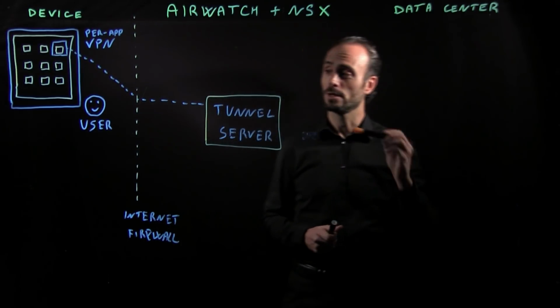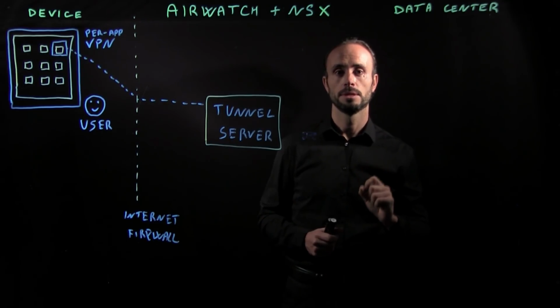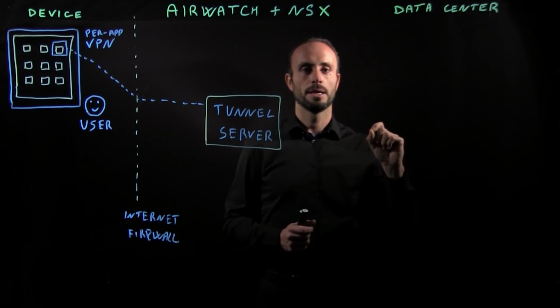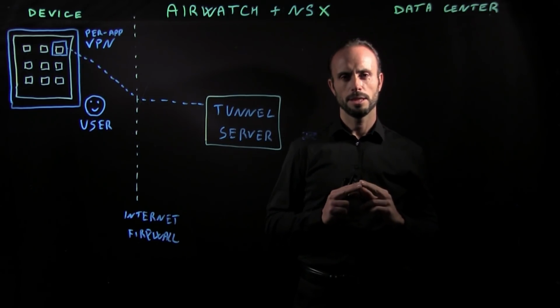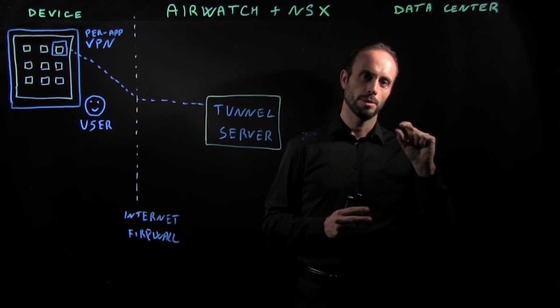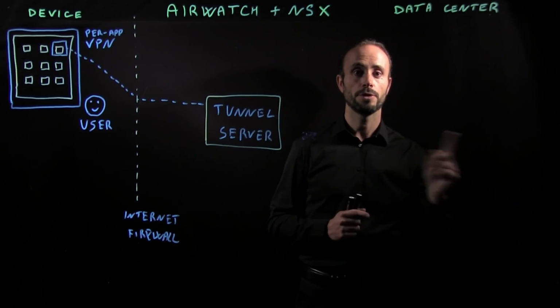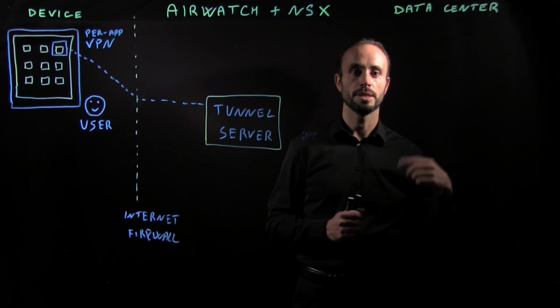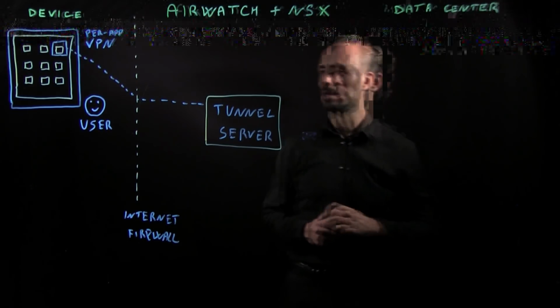Why? Because if we think about the single enterprise application that from the device accesses the data center services, if we don't apply the right security policies, when the application lands on a single subnet, it will be free to communicate with all the other services running on the same subnet, on the same VLAN.